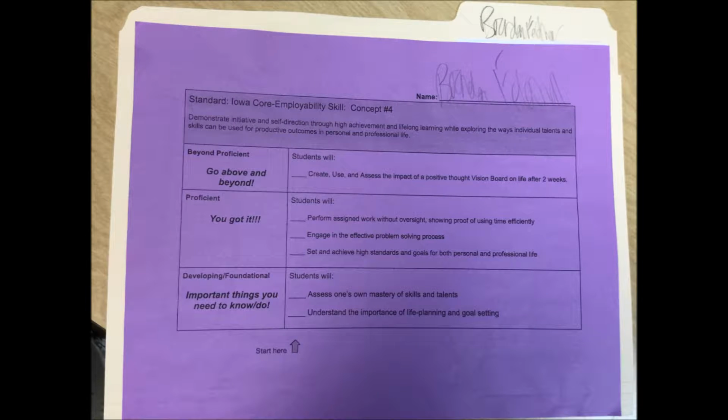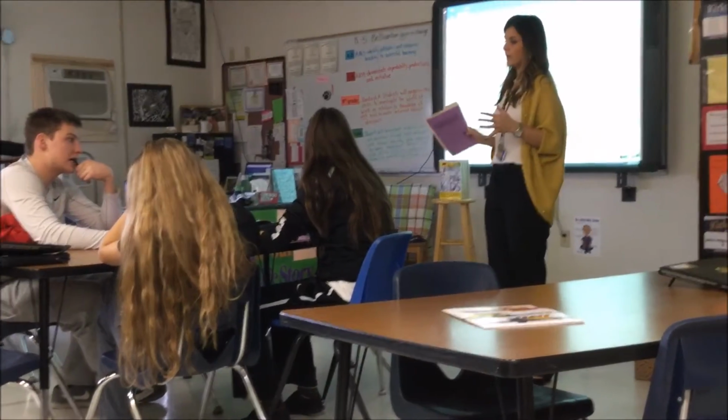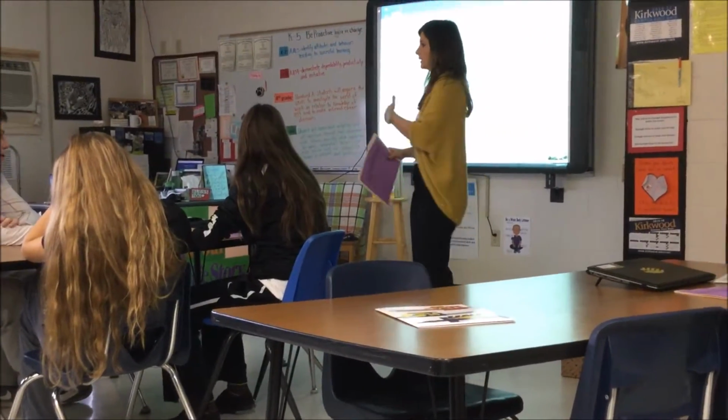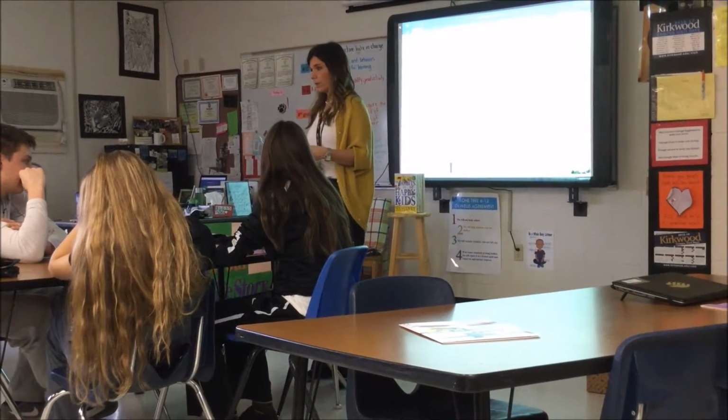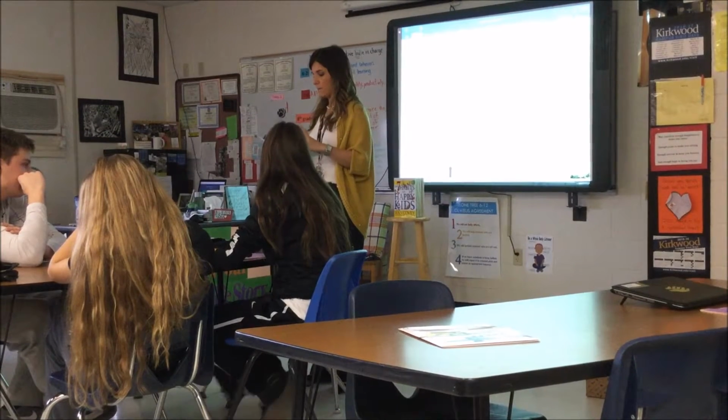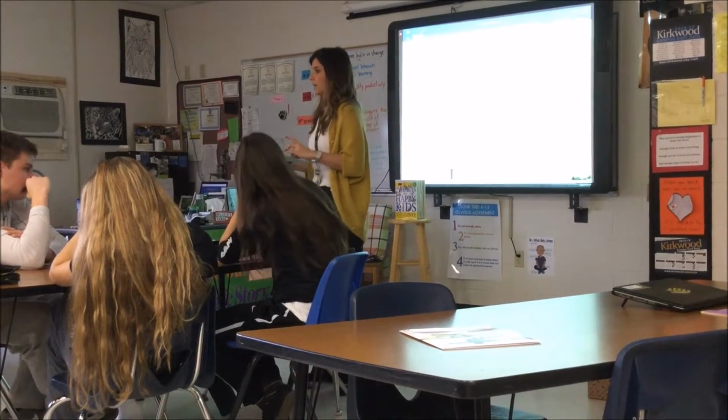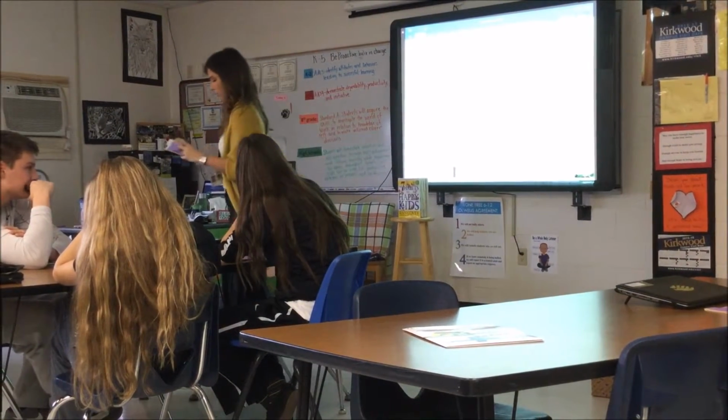So the standard says, demonstrate initiative and self-direction through high achievement and lifelong learning while exploring the ways individual talents and skills can be used for productive outcomes in personal and professional life. Okay, so I won't go into great detail about how I unpack this and the definitions I came up with and all of that, but I came up with 3 main learning targets that are going to be in our proficient category.